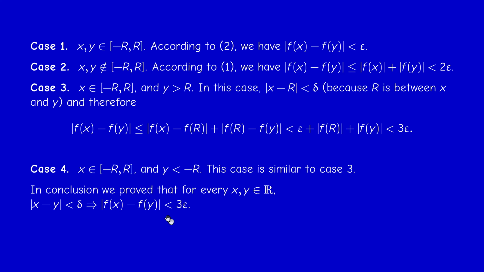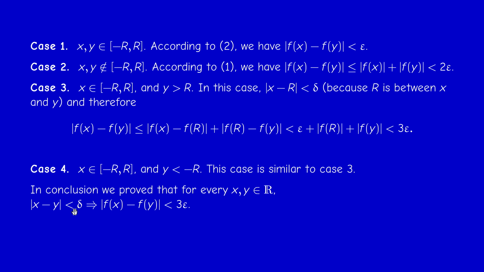Now, if you get 3 epsilon, 5 epsilon, or 100 epsilon, it's the same thing, because if epsilon is arbitrary, then 3 epsilon is also arbitrary. Otherwise, you may take epsilon over 3 here and epsilon over 3 there, and then you get exactly epsilon. But this is not at all necessary.